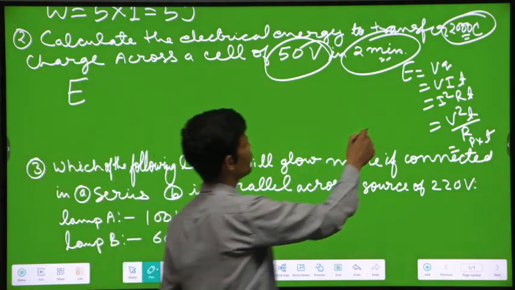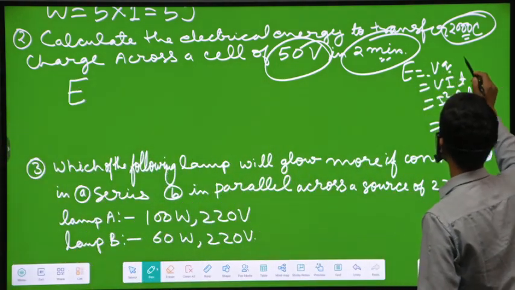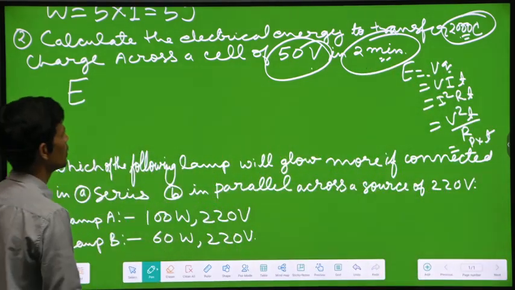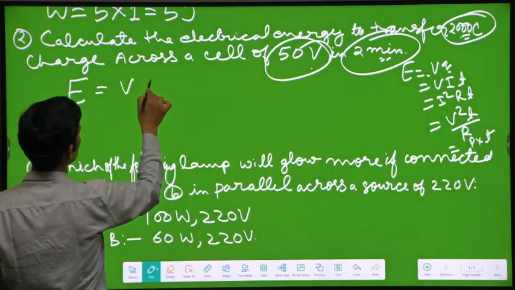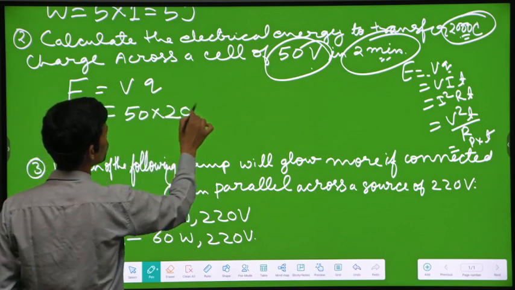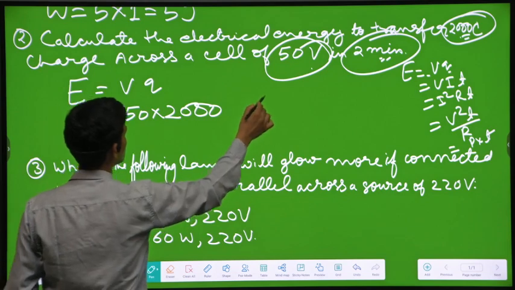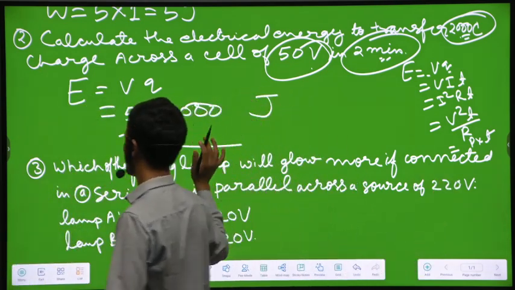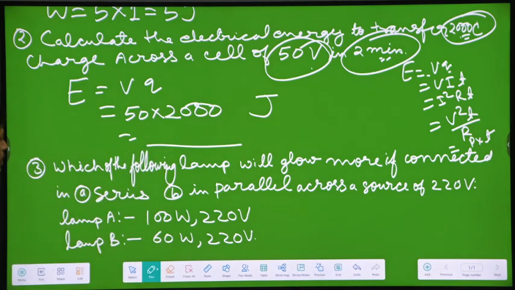See the first formula, potential difference into charge. There is charge, there is potential difference. No need for this 2 minutes. V multiplied by Q, that is 50 multiplied by 2000 in joule. I'm not writing the final answer. You can calculate on your own.